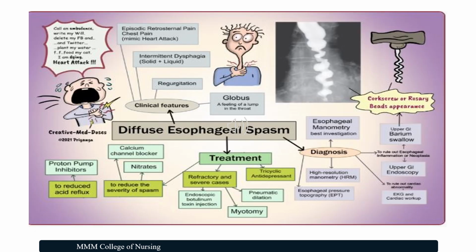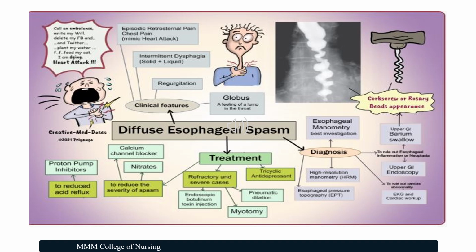Overall, diffuse esophageal spasm is a painful contraction which occurs in the esophagus. Clinical manifestations include episodic retrosternal chest pain, intermittent dysphagia, that is difficulty in swallowing, and regurgitation can occur.